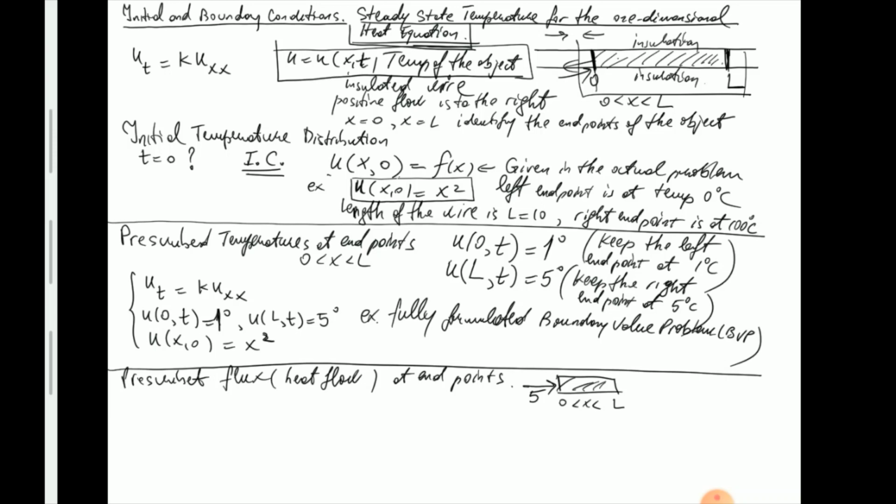I'm not going to write the units here. But let's say it's going to be a positive flow, so the one that enters the object. And then let's say we'll also have heat entering on the other side in the amount of 1 unit.